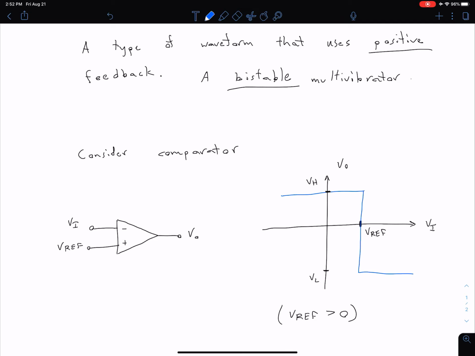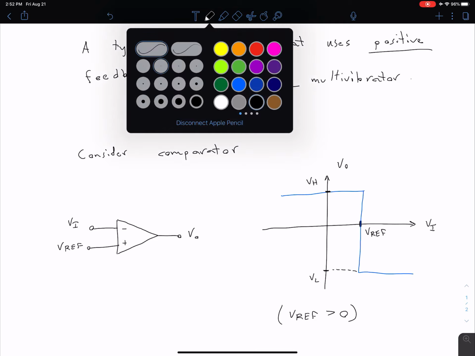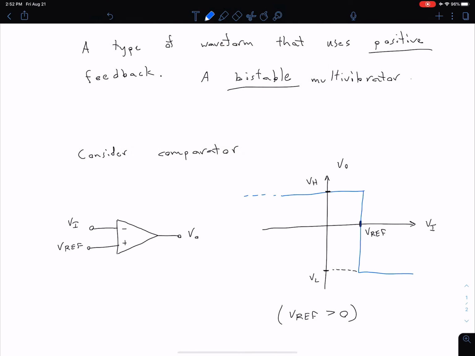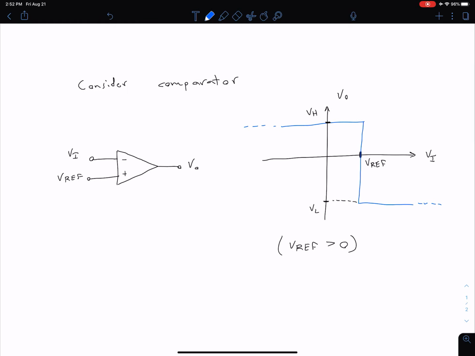And we're going to stay there at V low so long as our V input is above VREF. Of course, these go on towards negative infinity and positive infinity for our input values of VI. Again, the VH and VL are our saturated outputs.